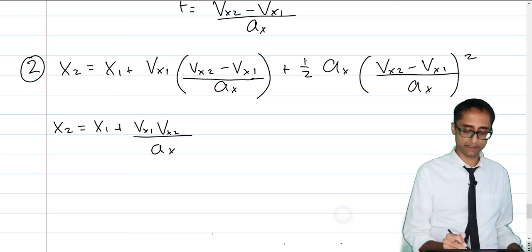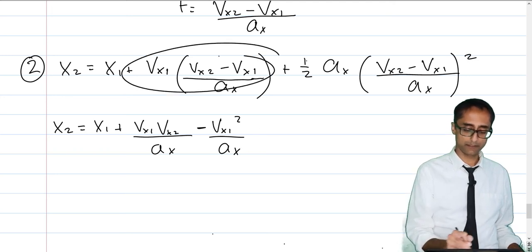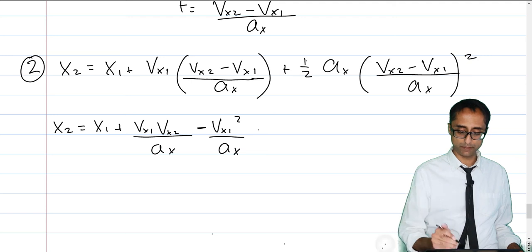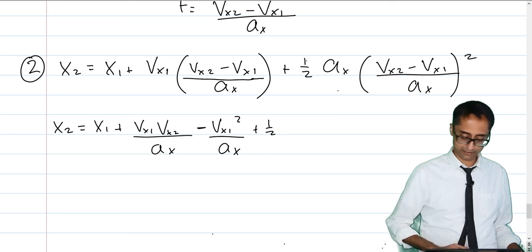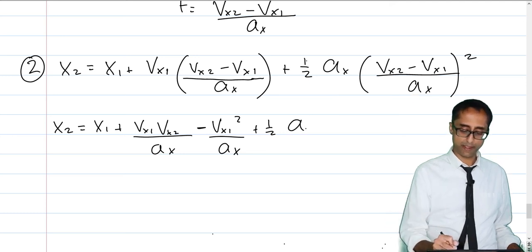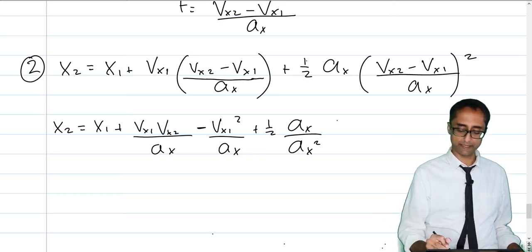So just expanding the brackets to begin with. So that takes care of that term, this term here. And so moving on to the final one, we're going to have to bring our Ax squared out here to simplify. And so Ax divided by Ax squared will obviously just be 1 over Ax. We'll deal with that in the next line.